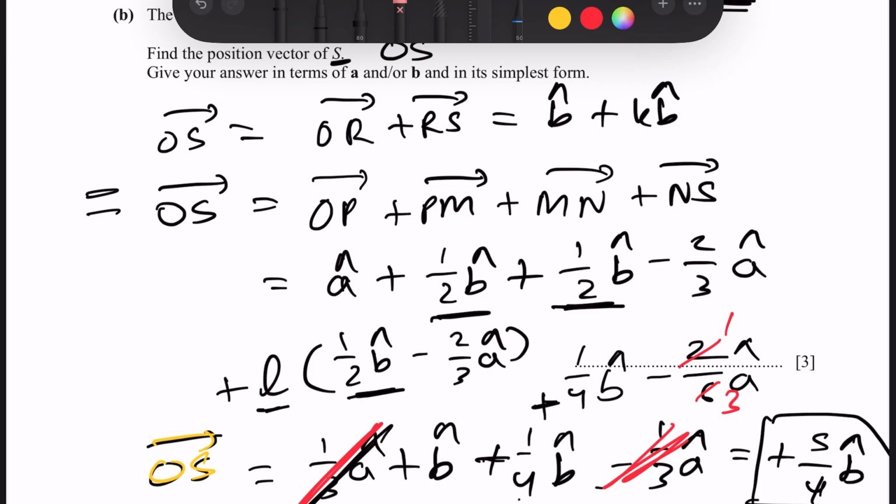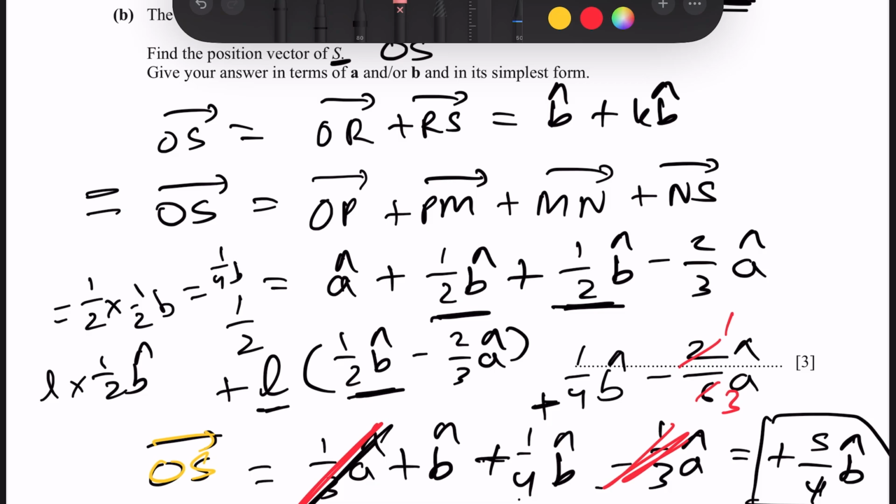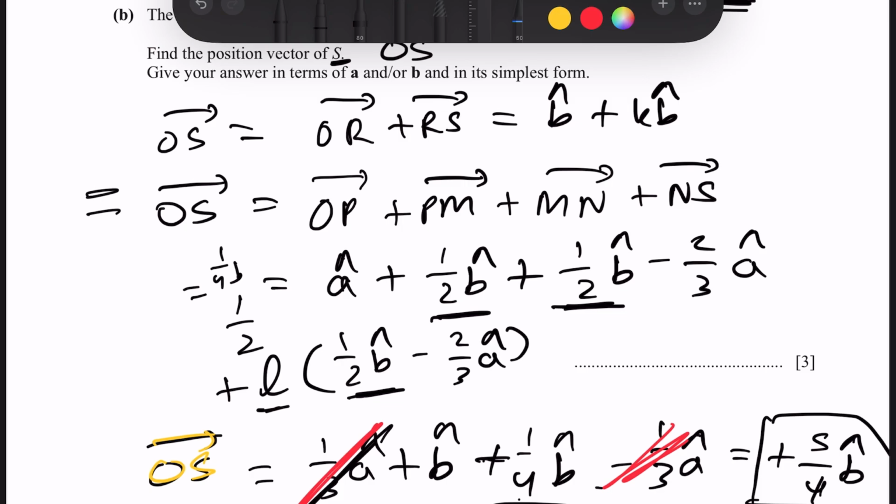Since L was half, L times half b would be equal to half times half b, which would be equal to 1 by 4b. I think I miswrote negative 1 by 4b before. I'm sorry about that. But as you can see, the final answer is equal to 5 by 4b.